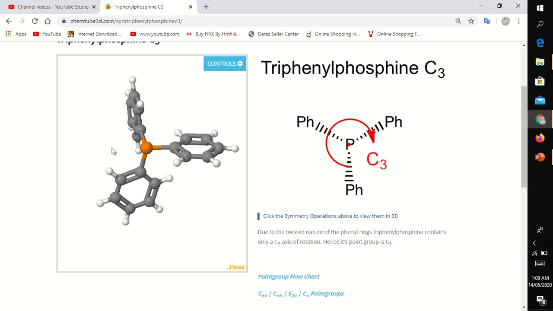There is no such carbon atom present on the opposite side, so we can say there is no inversion center in this molecule.